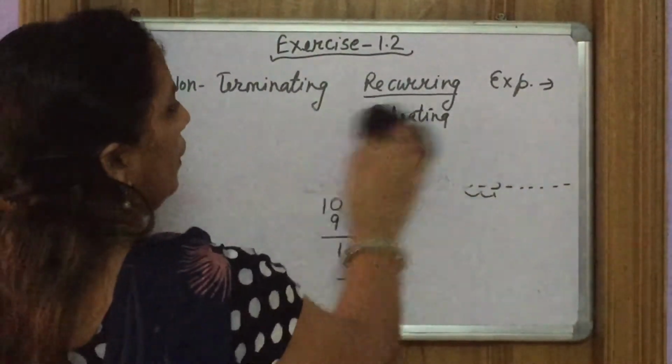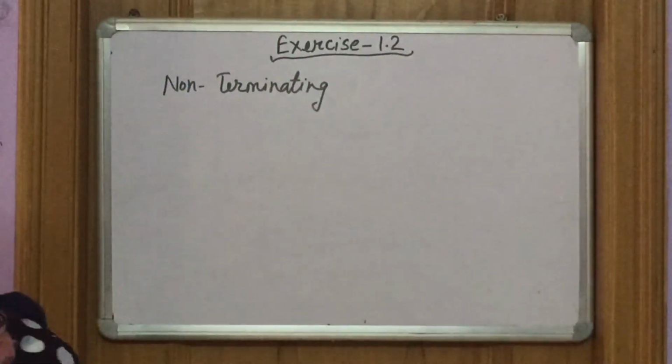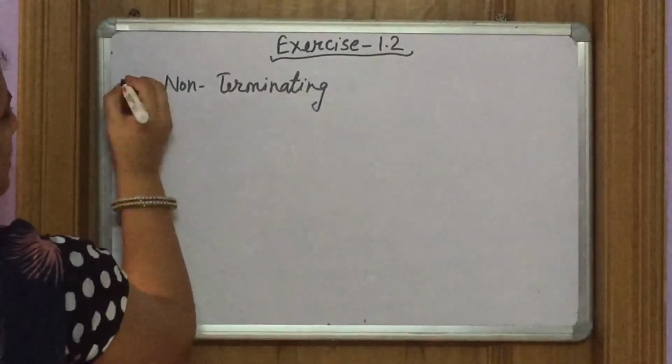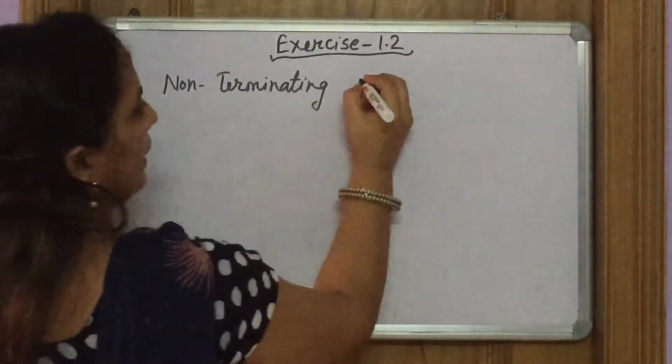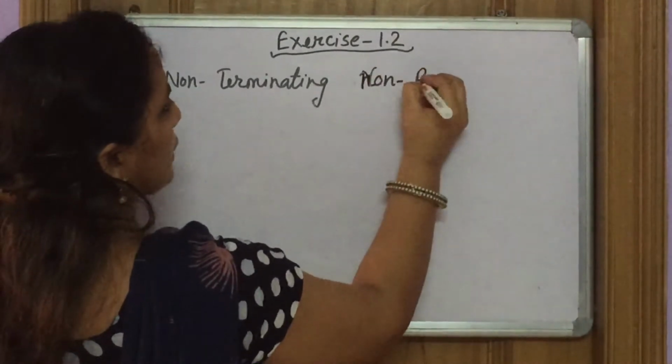Next is non-terminating, not recurring. Third condition is non-terminating, non-recurring decimal expansion.